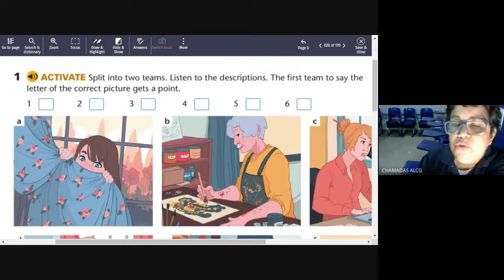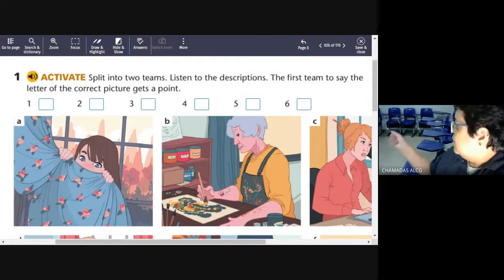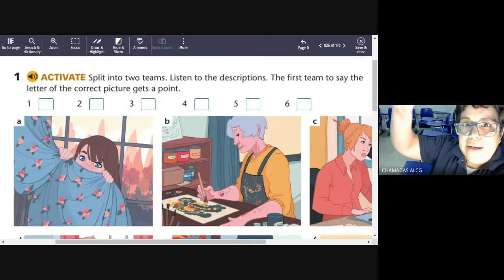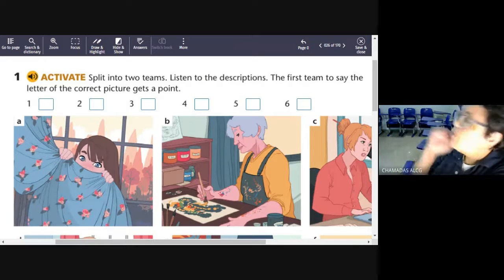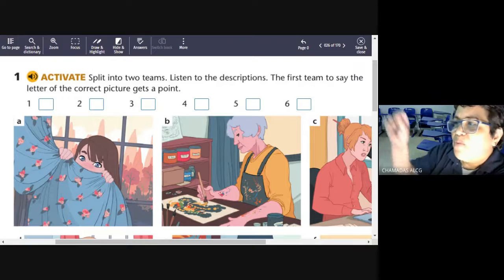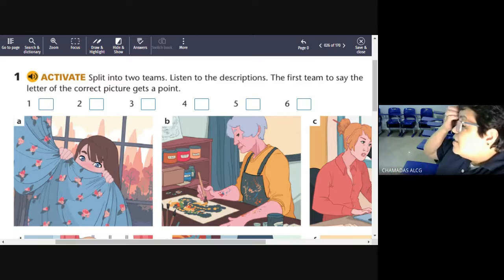So if you don't have the book, you can use a piece of paper and number from 1 to 6. So go ahead. Number your paper from 1 to 6.